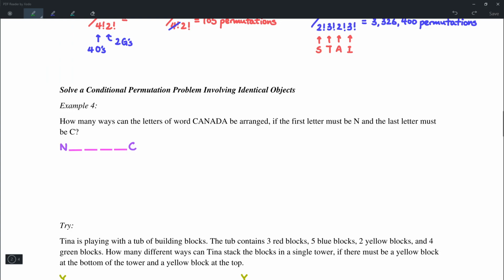And what is important to note here is that there are 3 A's and a single letter D. So that is to say we have 4 factorial, because there are 4 letters left over, and then there are 3 A's, so divided by 3 factorial, and that will simply give us 4 permutations.